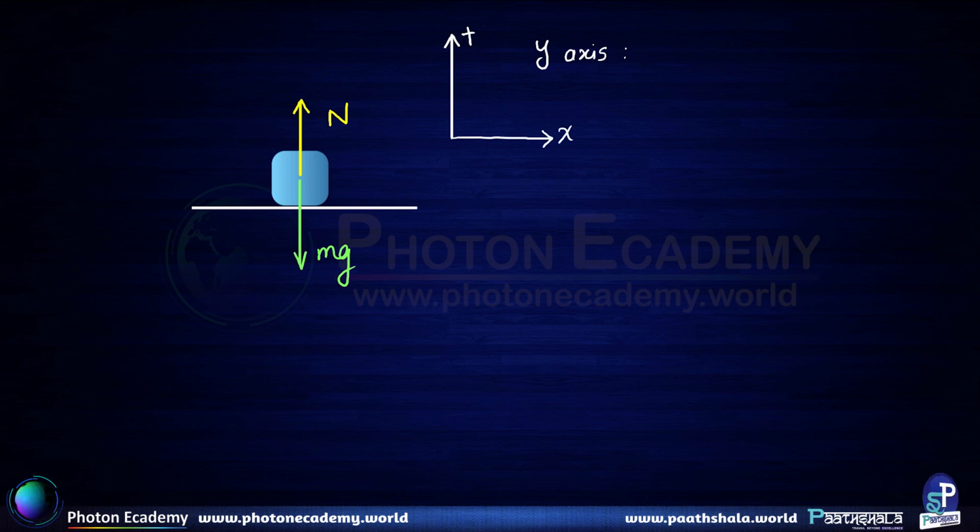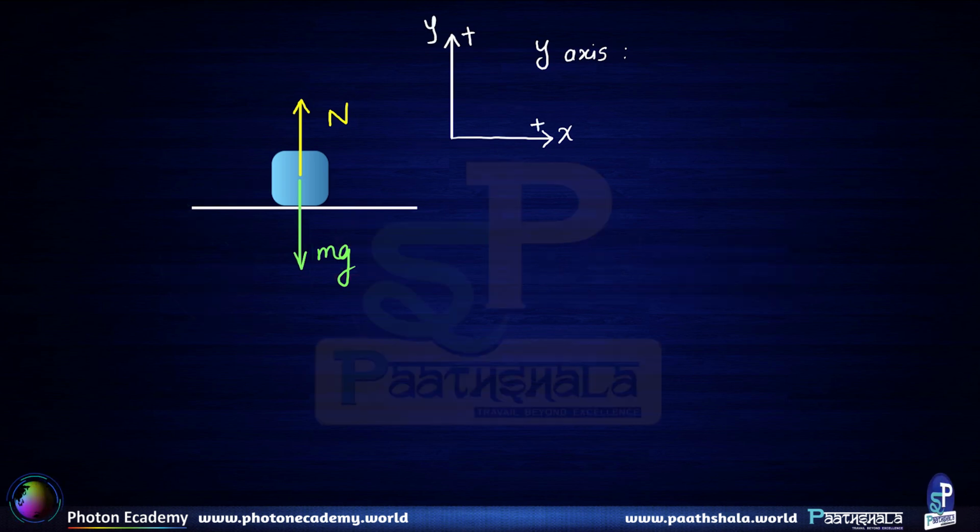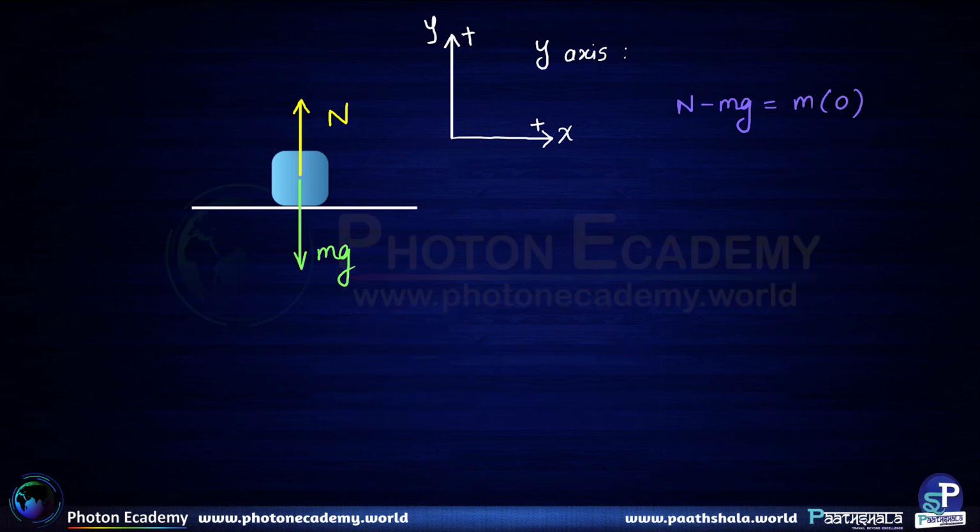So for the y-axis equation of motion, we'll get N minus mg is equal to m into 0, because there is no motion in the y direction and hence acceleration in the y direction is 0. Therefore N is equal to mg.